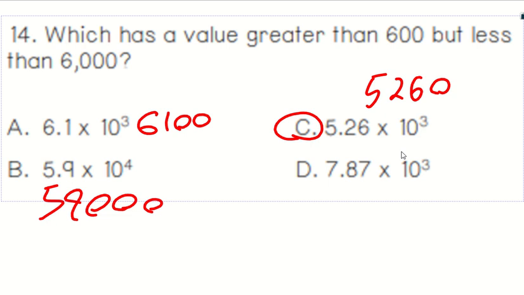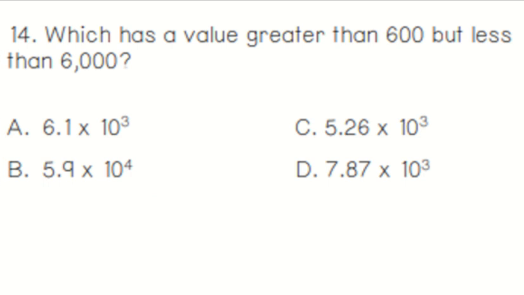The 7.87 times 10 to the third is 7,870. That one's too high. Okay? Any questions on that? Probably less likely than something like that. Which one's in between? You might have to drag and drop, kind of putting them in order. But it'd be the same basic idea where you've got to be able to assess where they fall.